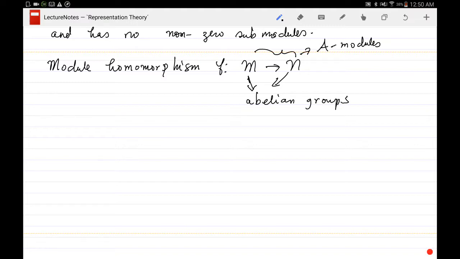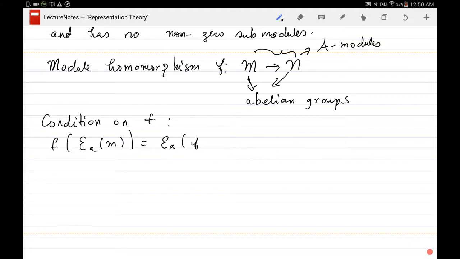So the condition on f is that if I have f and the endomorphism that acts on my M, that should be the same as the endomorphism acting on N followed by f.